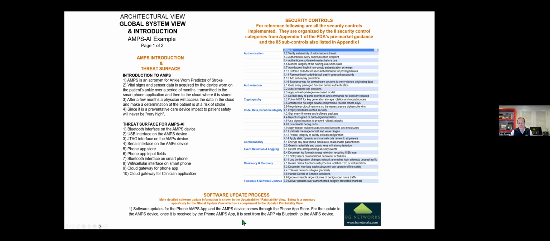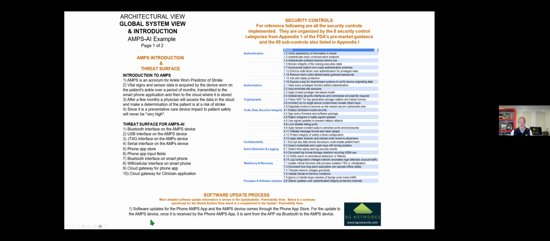The final thing here that we include in this introduction is the software update process. We refer to the fact that we do have a patchability diagram coming up, and we'll go over that. And we have here just a quick description saying that the software updates for the device actually come through the app from the phone store.